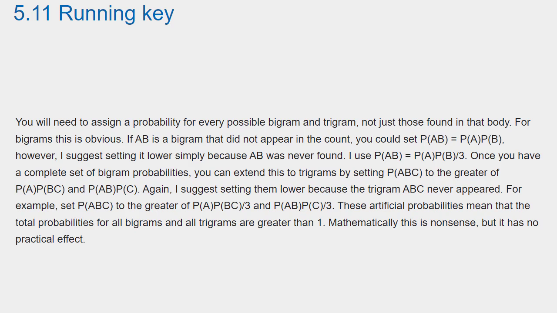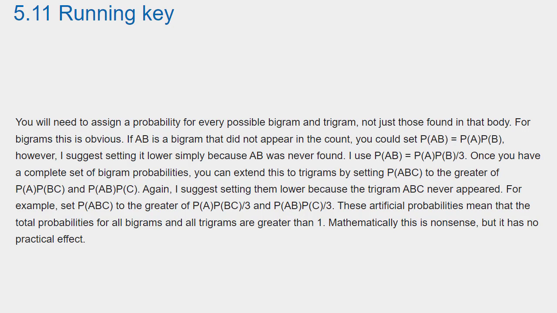I use P(A and B) = P(A) times P(B) over 3. Once you have a complete set of bigram probabilities, you can extend this to trigrams by setting P(A, B and C) to the greater of P(A) times P(B and C) and P(A and B) times P(C).